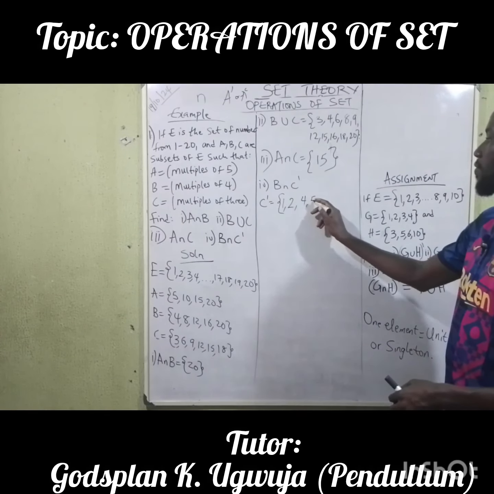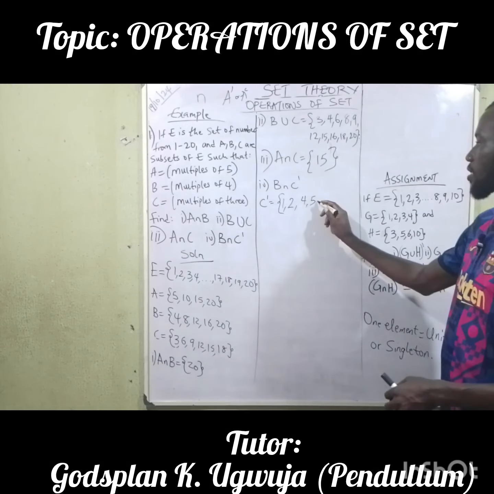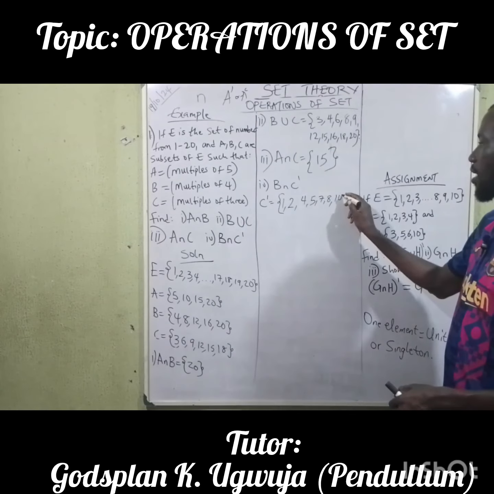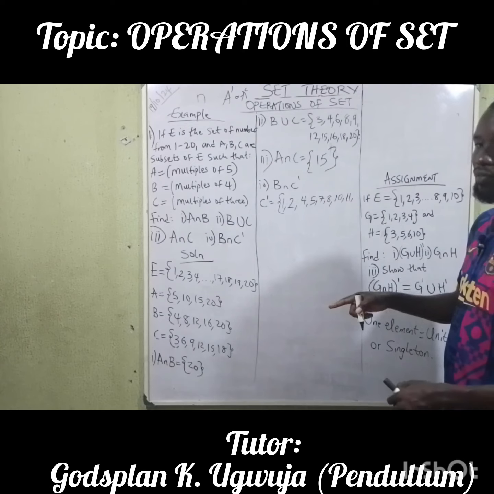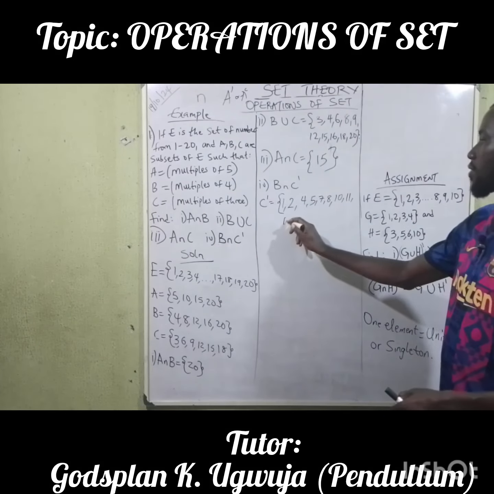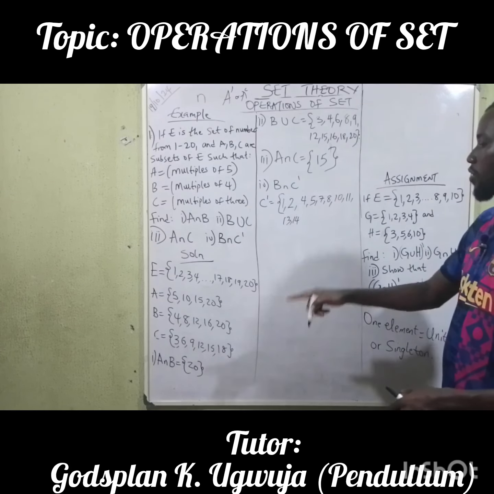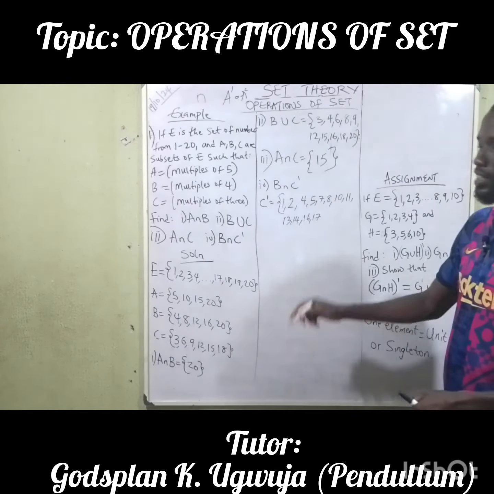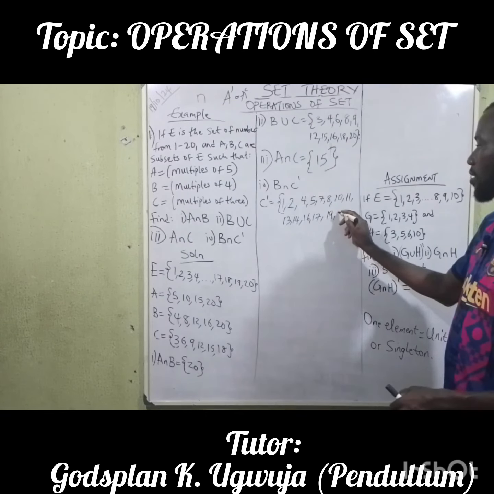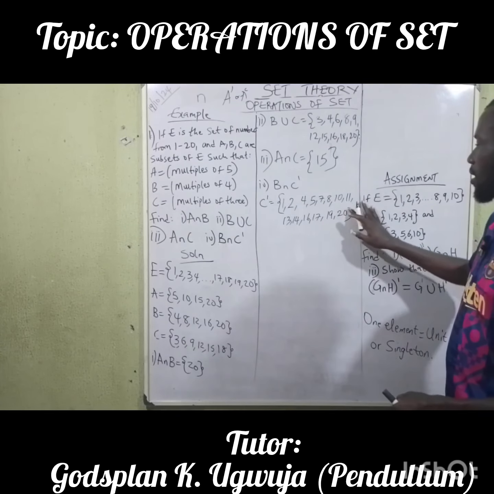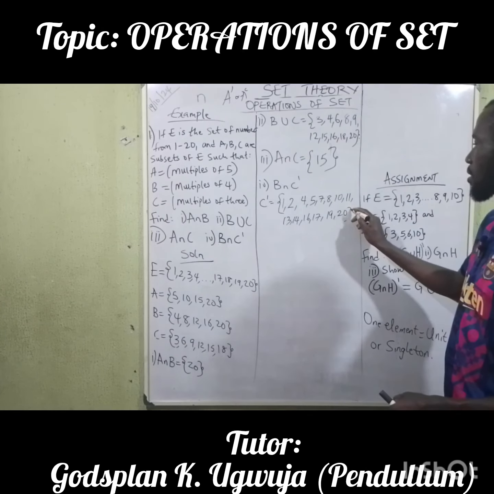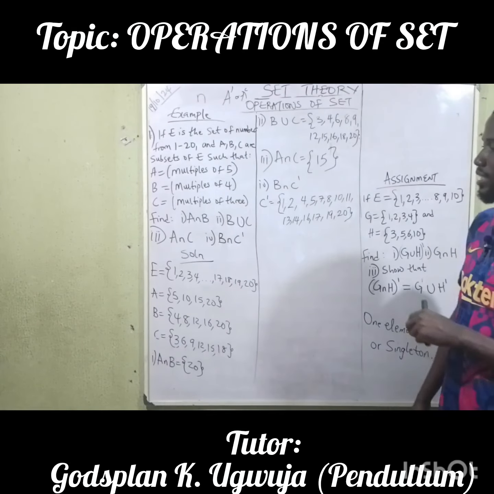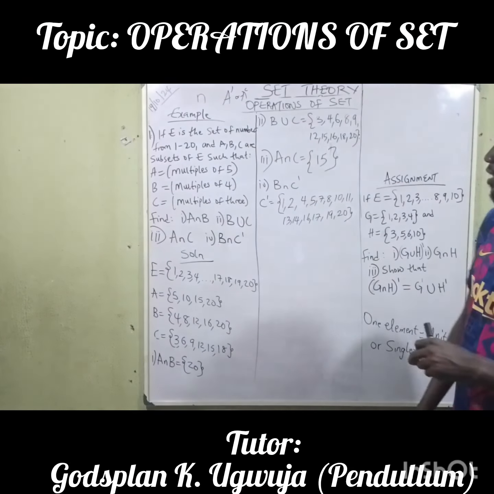We have 4, we have 5, we are removing 6, we have 7, we have 8, we remove 9, we have 10, we have 11, we remove 12, we have 13, we have 14, we remove 15, we have 16, 17. If we remove 18, we are left with 19, 20. So these are the elements in C complement, everything that is outside C with regards to the universal set.